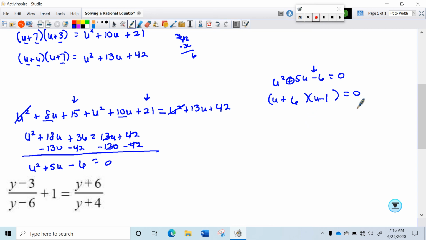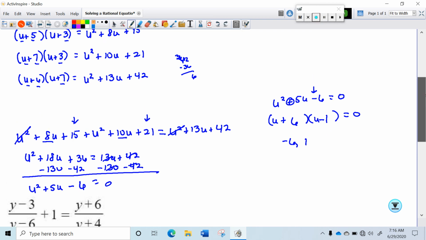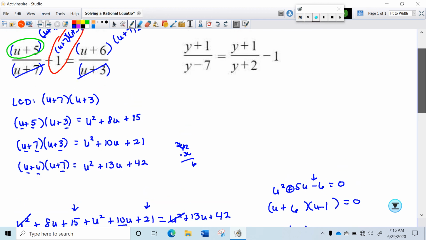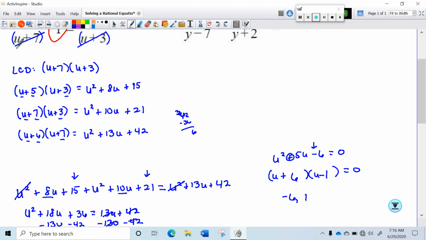Now because it equals 0, you do opposite. So the opposite of positive 6 is negative 6, and the opposite of negative 1 is positive 1. However, you have to go back to your original denominators and see if either one of those makes the denominator equal 0. And it doesn't, because that would be the opposite of positive 7 is negative 7 and negative 3, and that's not what we got. So that means both of these are the answers.